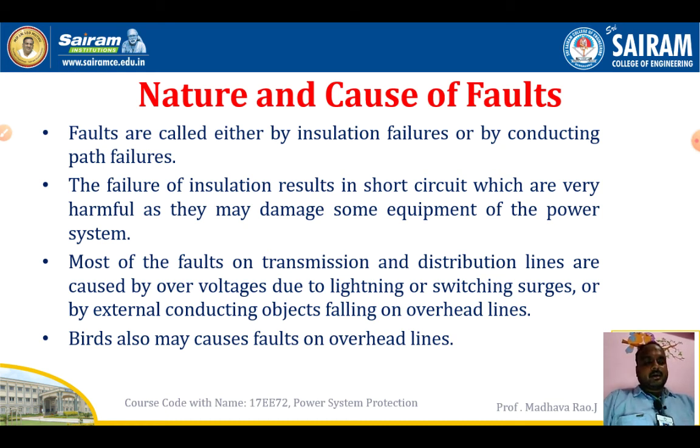Sometimes you can observe on the transmission lines that birds sit on two different lines and play with each other. That also causes faults on overhead lines. So these are the nature and causes of faults.